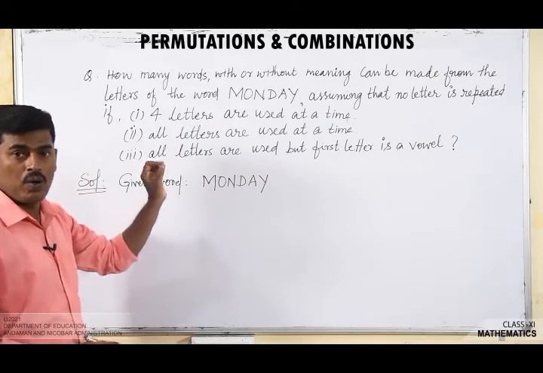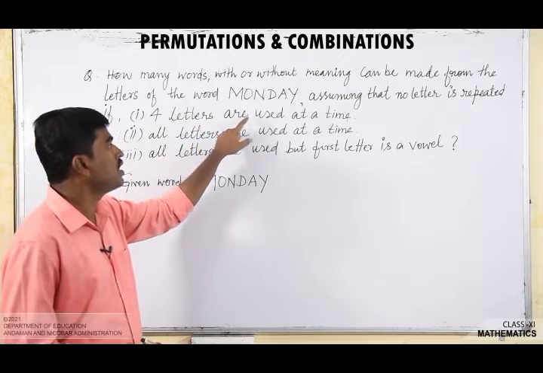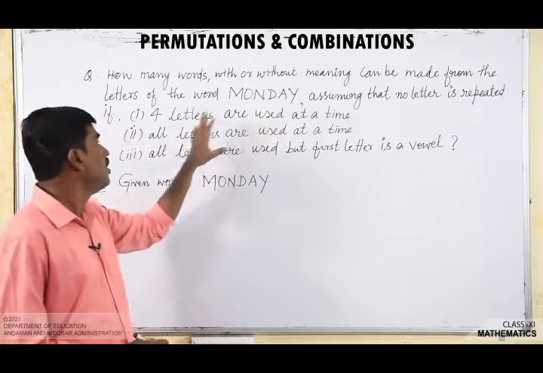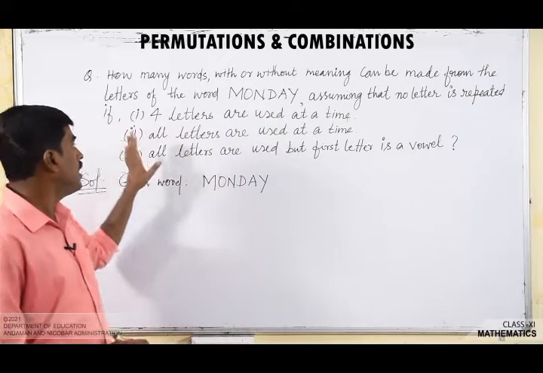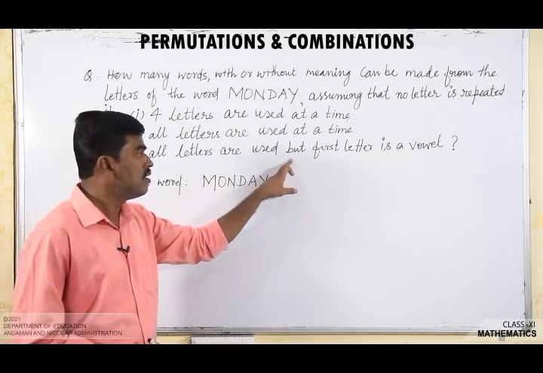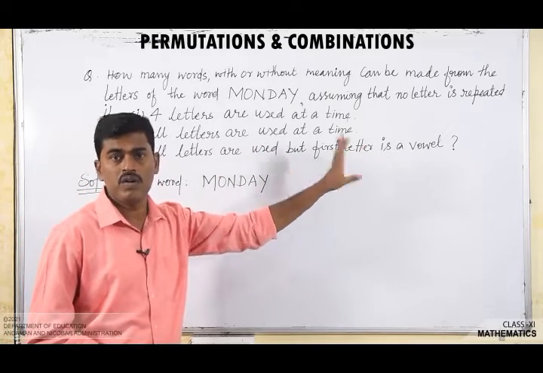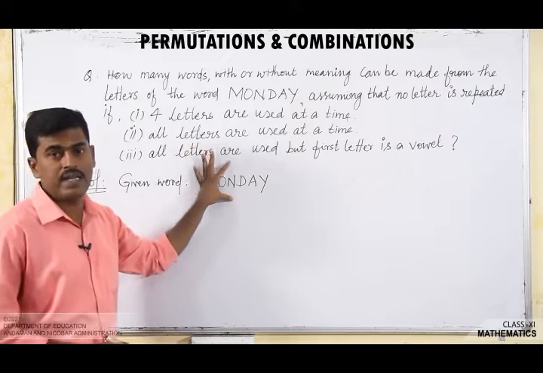Number 1, 4 letters are used at a time. Number 2, all letters are used at a time, and number 3 is all letters are used but the first letter is a vowel. Okay. So here the given word is Monday.